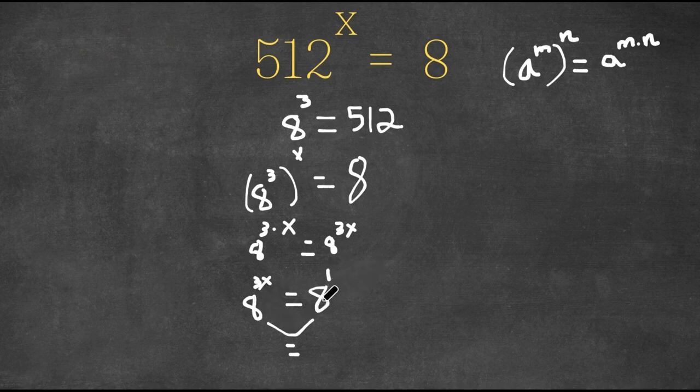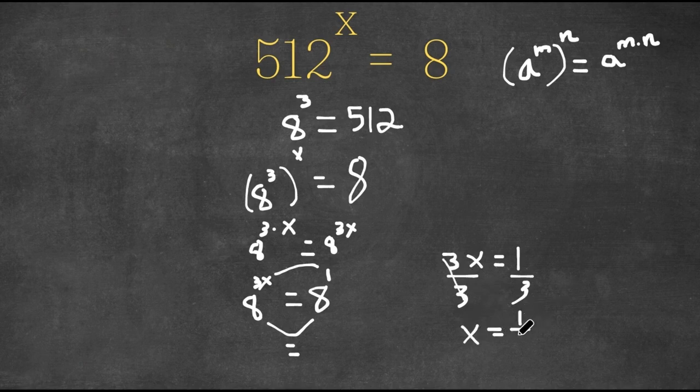So because our two bases are the same, our exponents have to be the same, meaning 3x is equal to 1. And now we have a simple equation. All we have to do is divide by 3 on both sides, and this would cancel out. So now we get x equals 1 over 3, and this is our answer.